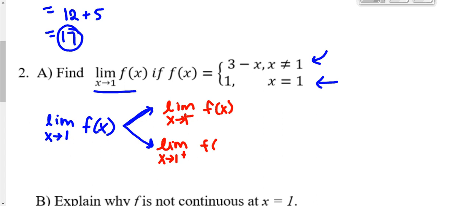If we're looking at the left, which is that top limit, we need to decide whether to use the first line or the second line. Remember, left means smaller.